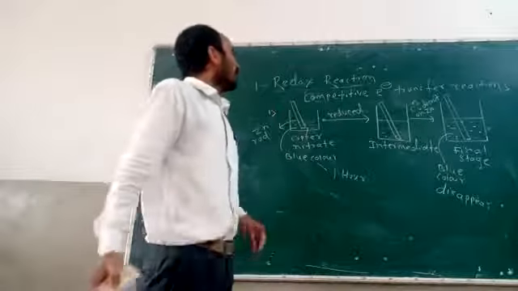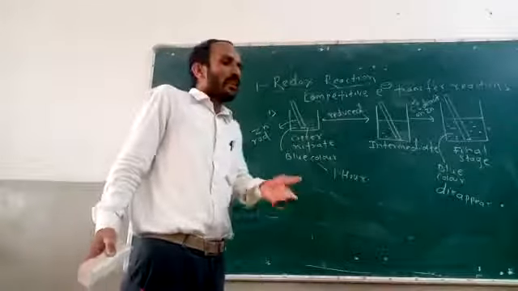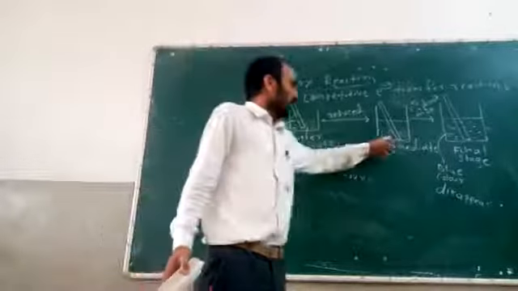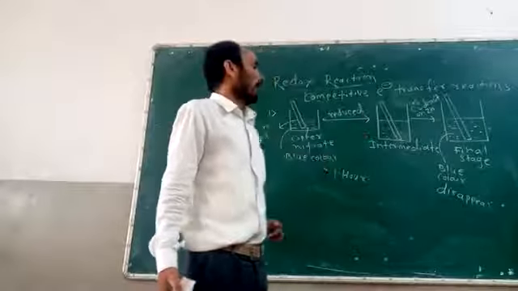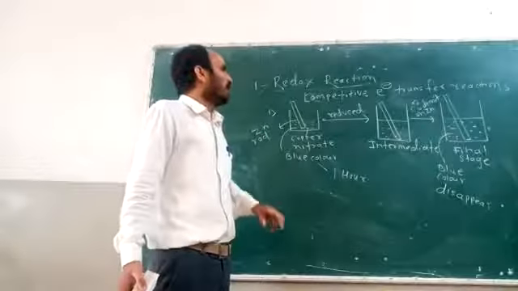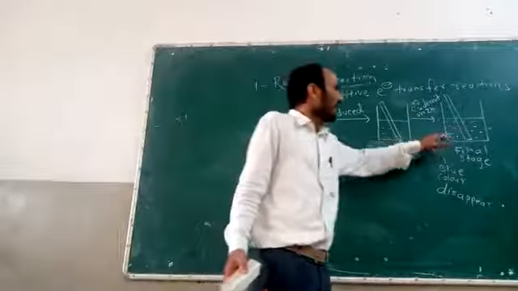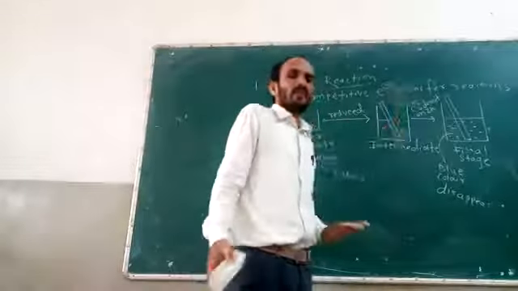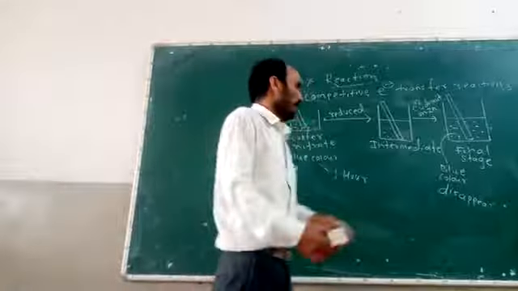Then you may notice that this strip becomes coated with reddish metallic copper, and the blue color of the solution disappears. So after some time, the blue color of the solution disappears.